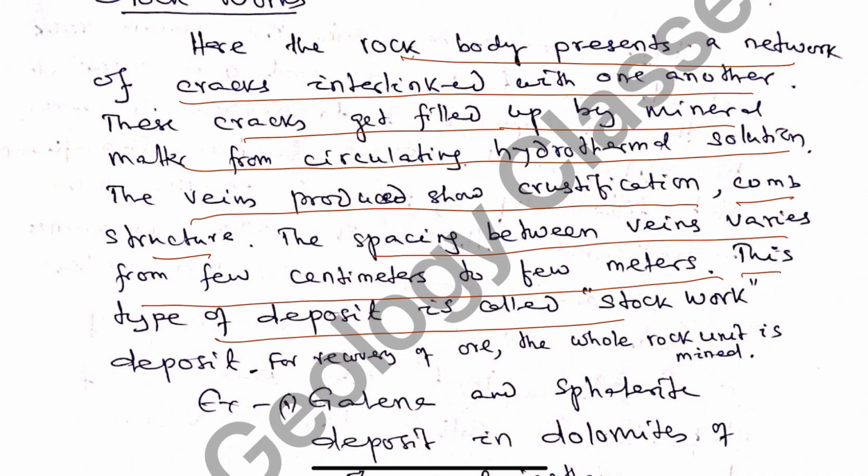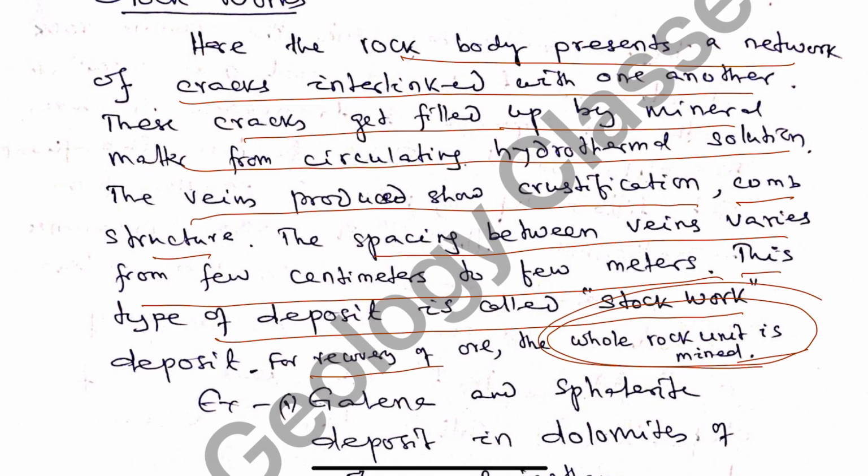This type of deposit is called stockwork, and here, in order to recover the ore, the whole rock is found to be mined because the cracks are interlinked with one another, and it is very difficult to separate one crack from the other.